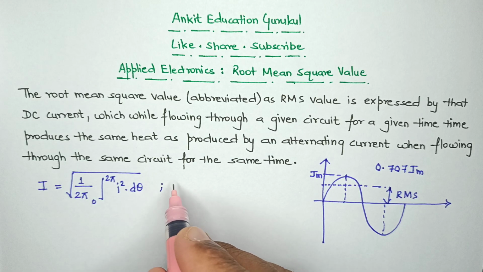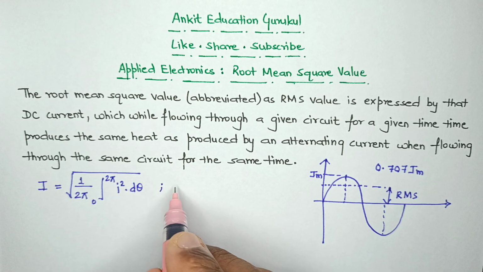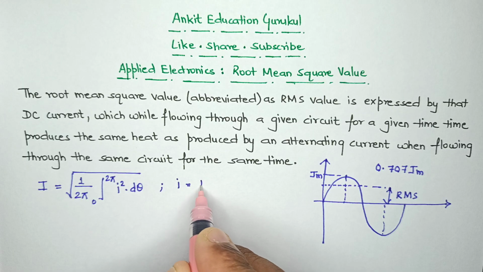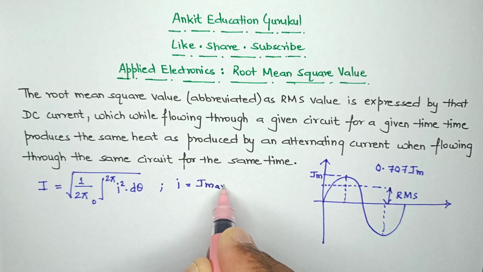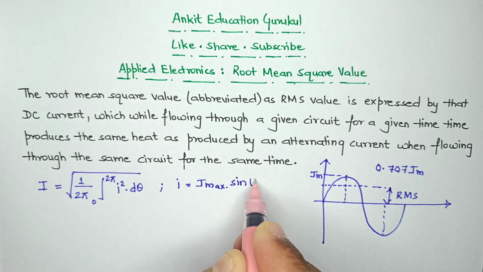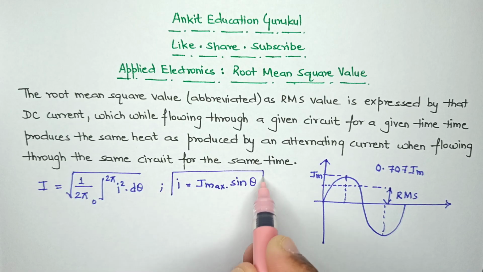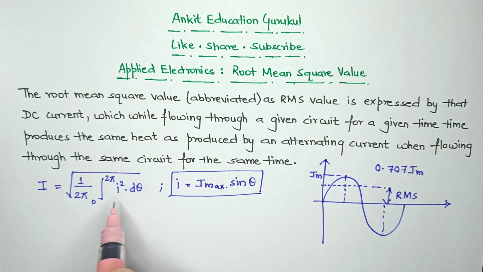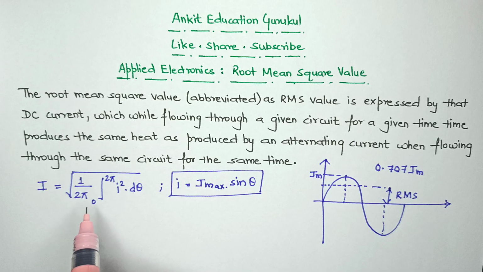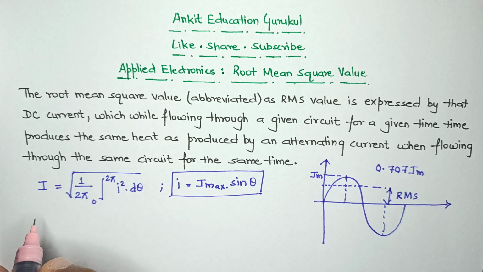Now we also know that the value of the small i is represented by Imax multiplied by sine theta. So this is the value we are going to substitute in this expression, and let us see how it changes.